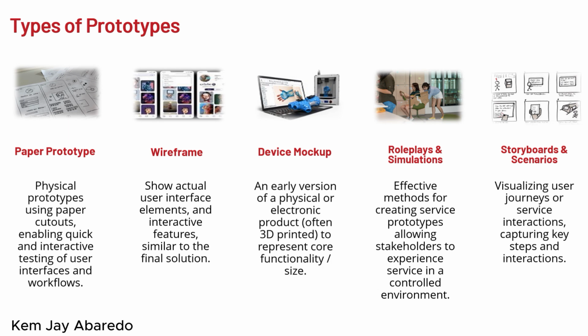Wireframe: shows actual user interface elements and interactive features similar to the final solution. Device mockup: an early version of a physical or electronic product to represent core functionality and size.